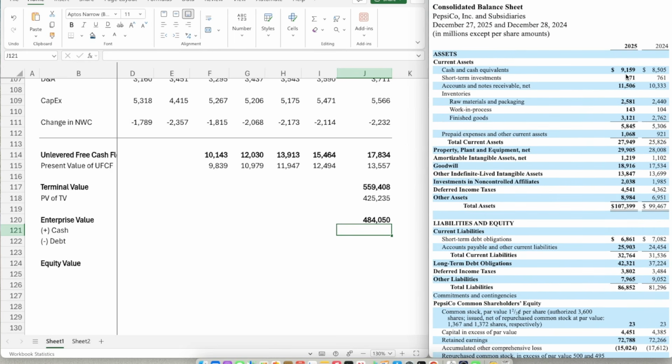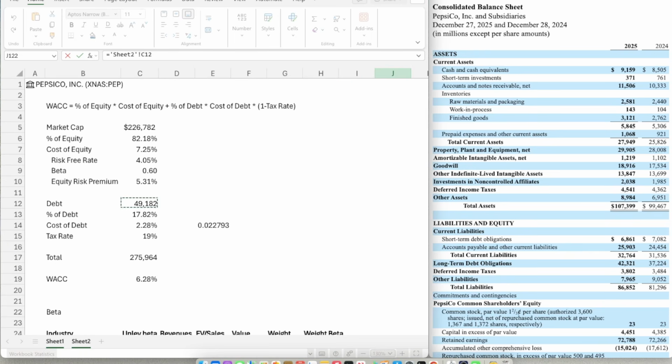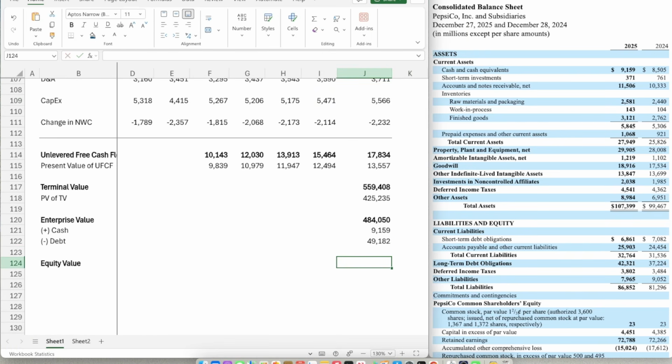Here we are. They have 9159 in cash. We know the debt because we've just worked it out. Equity value now is you take your enterprise value, you add back in your cash, subtract your debt. This gives us about 444 billion.